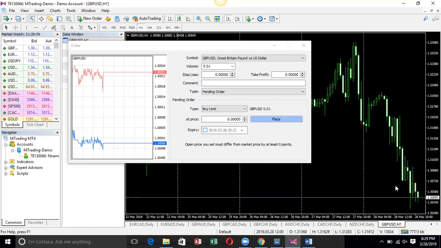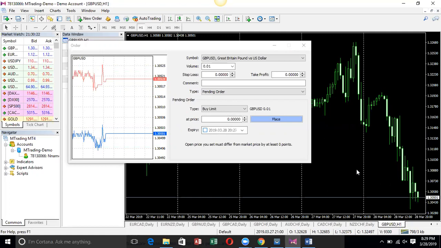So in a pending order, there is what we call at price, which is this. Your at price is also your entry price, because your at price is the price that you want to enter the market.